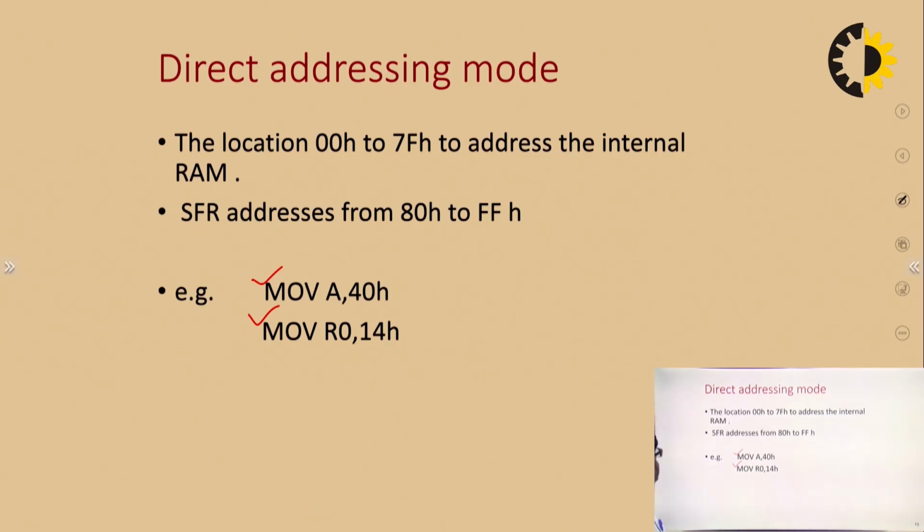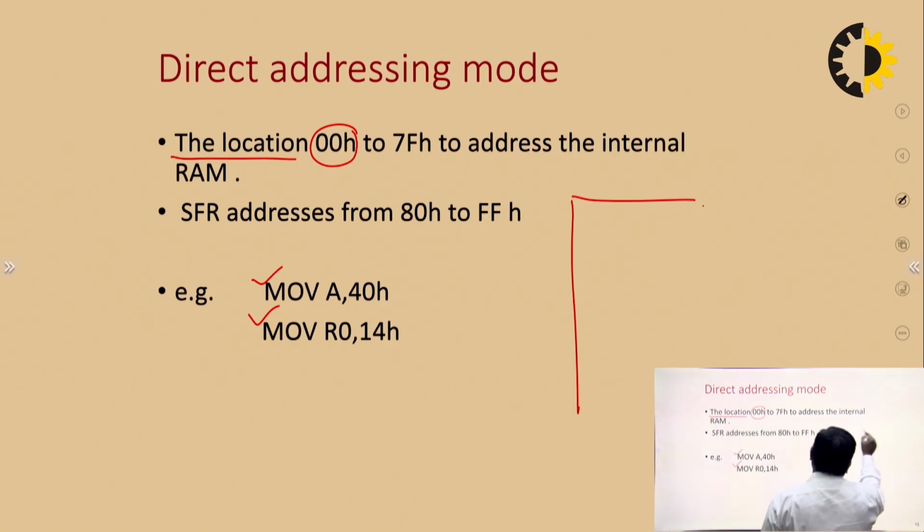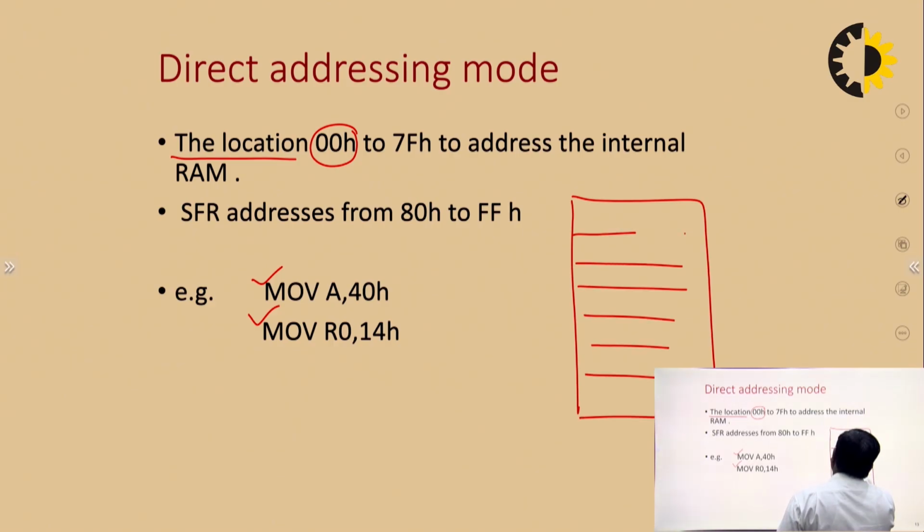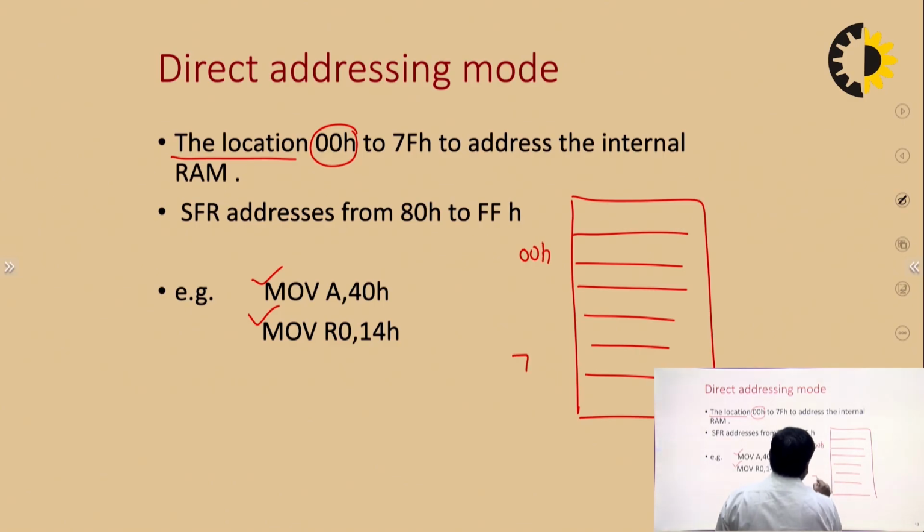Now the location, this one location. It means here is a RAM, and the RAM has different locations: 00H, and another location is 7FH. Now here are some values 1, 2, 3, 4, and here is a blank memory location.